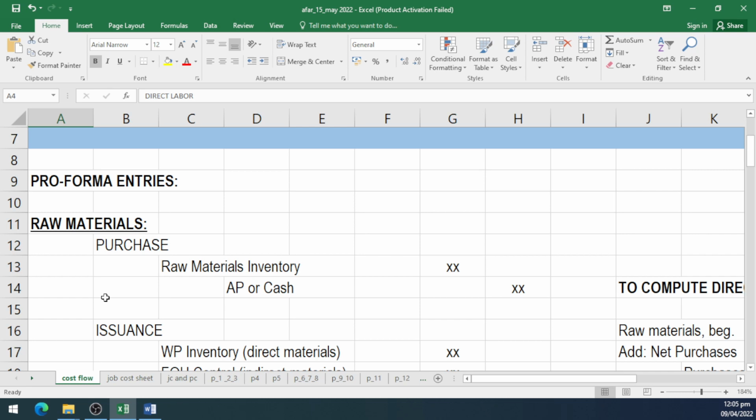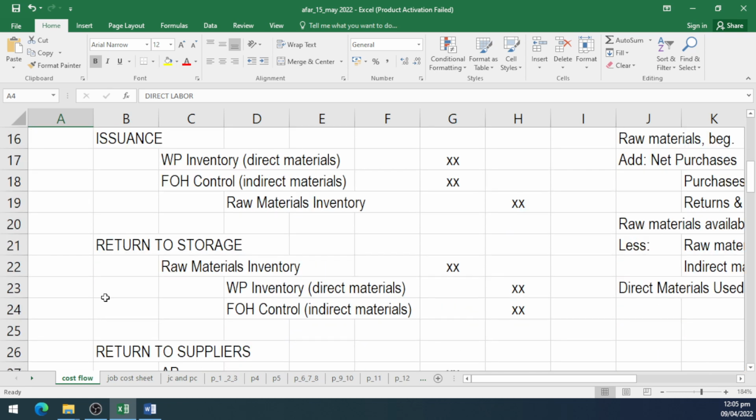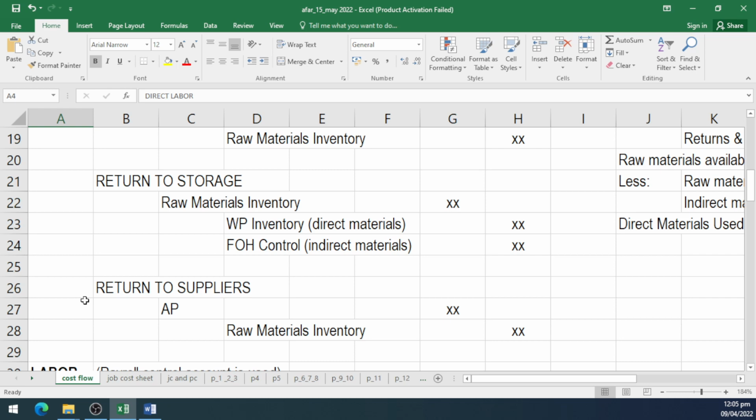In the sequence of transactions, and of course the entries that you must be familiar with in accounting, ay ang mga sumusunod: purchase ng raw materials, issuance of the raw materials to the production department, in case mayroong excess dun sa materials issued to production that will be returned to storage, or in case there is a return to suppliers, ito ay purchase returns, ano?